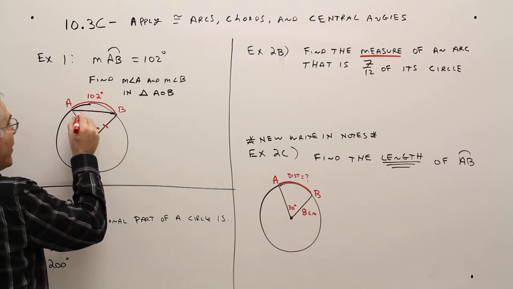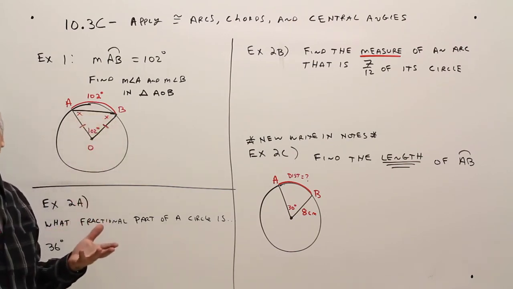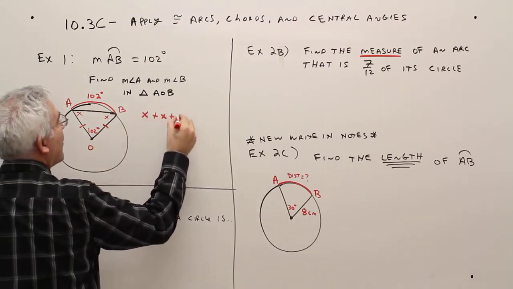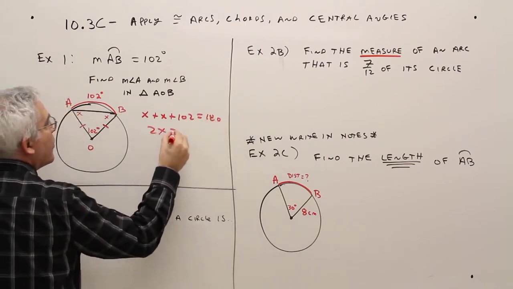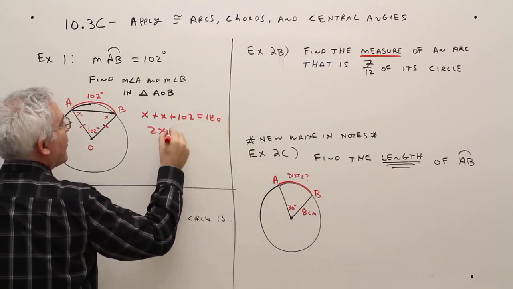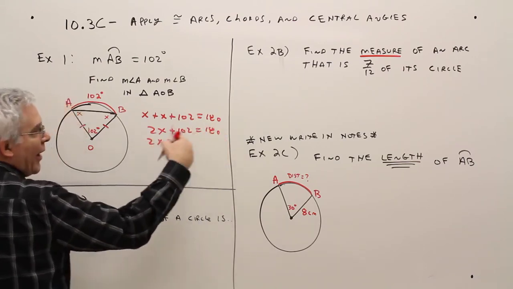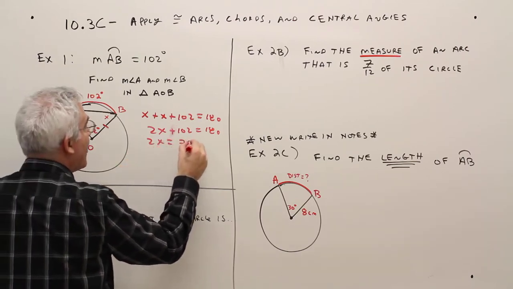So if I wanted to, I could call that x and that x, and then I know the sum of the degrees in a triangle is 180. So I could say x plus x plus 102 equals 180. 2x, I'll just do baby steps, plus 102 equals 180. 2x equals, take away 100 and I get 80, 2 more, 78.